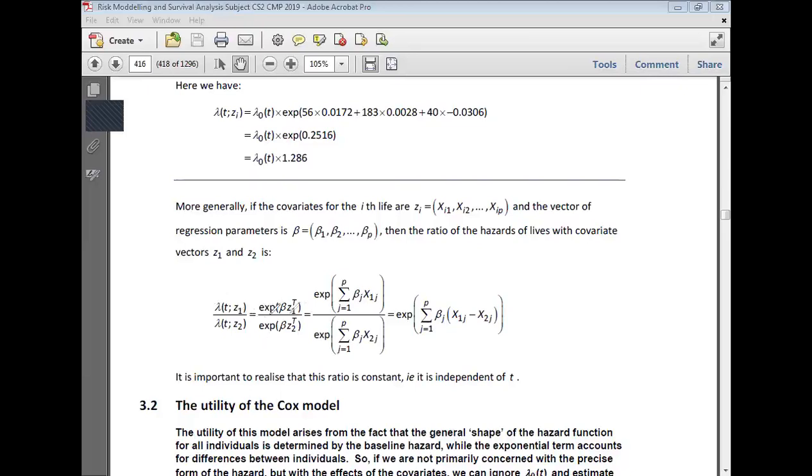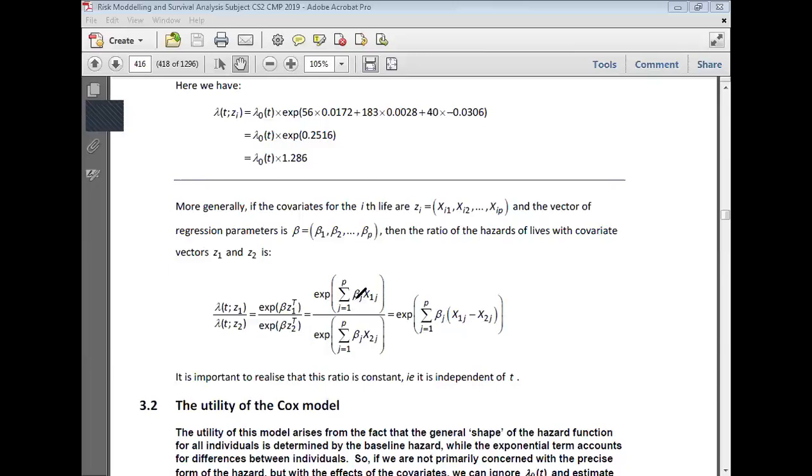So again, we see that the baseline hazard will cancel out, and you'll be left with Z1 transpose and Z2 transpose. That makes the whole difference. And this beta vector will remain the same for both of these lives, Z1 and Z2.